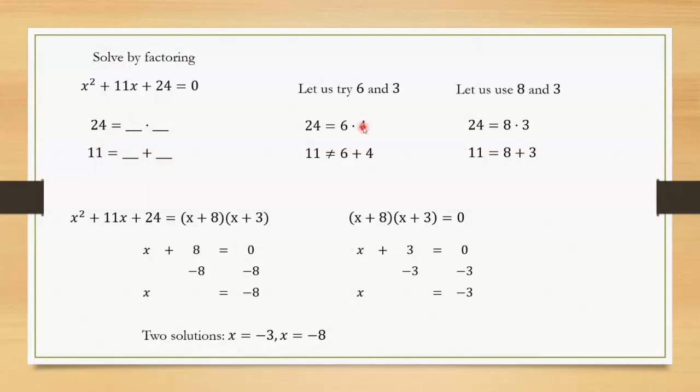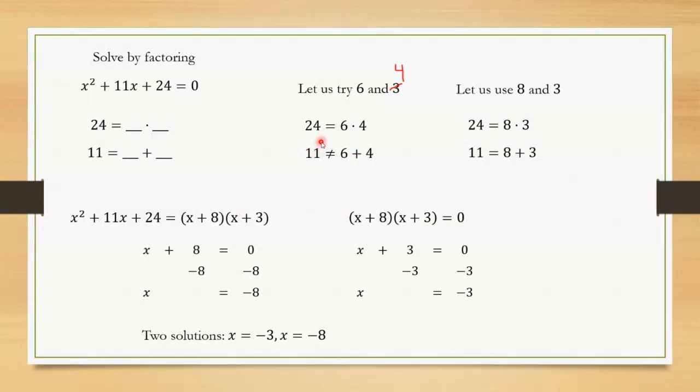Now I wrote down 6 and 3, 6 and 4. Thought I fixed that mistake. But no, 6 and 4 I wrote down, okay? Just to really illustrate that that's not going to work. Because 6 times 4, yeah, it's 24. However, 6 plus 4 is not 11, it's 10.